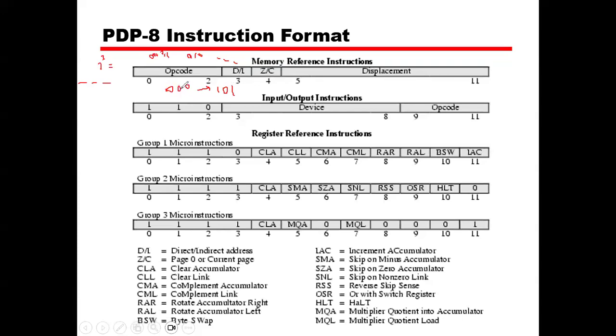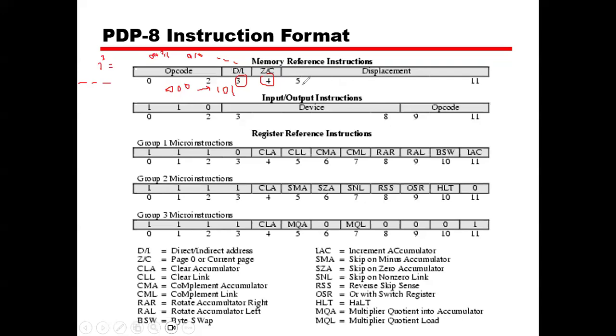If I see 000, 001, 010, 011 up to 101, the logic circuit will treat it with this format. We will see now what the DL is, what the ZC is, I don't care. But this is obviously 1 bit. What is it used for? I don't care, later we will care.